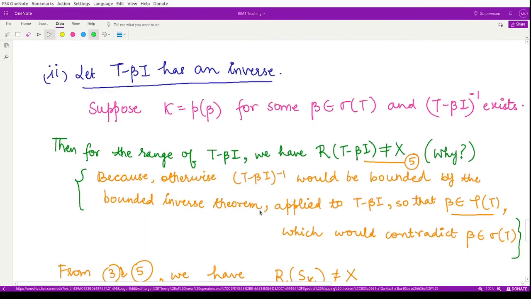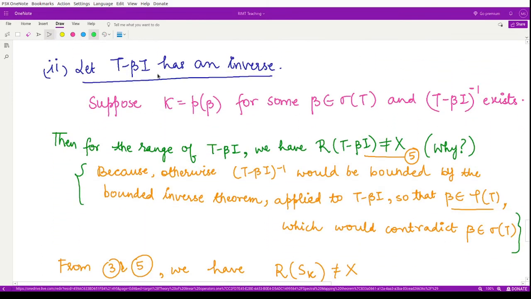Now for the second part, where we are assuming T minus beta I has an inverse, we again suppose kappa to be some polynomial p(beta), where beta comes from the spectrum set. Now we will show that this kappa belongs to the spectrum of p(T). So we are assuming T minus beta I inverse exists. Now we say the range of T minus beta I is not equal to X. Why?